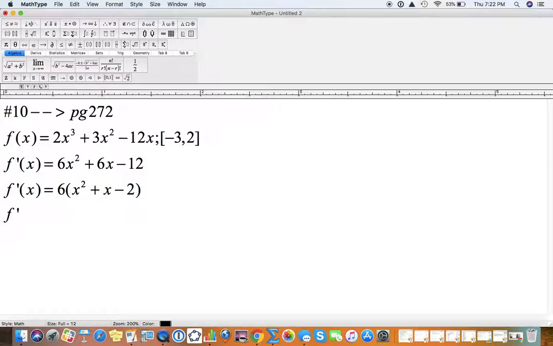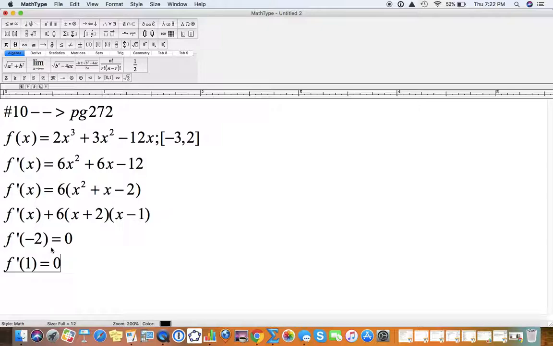So you can see that it factors into 6 times x plus 2, x minus 1, which tells me that at the point -2, the first derivative equals 0, and at the point 1, the first derivative equals 0.